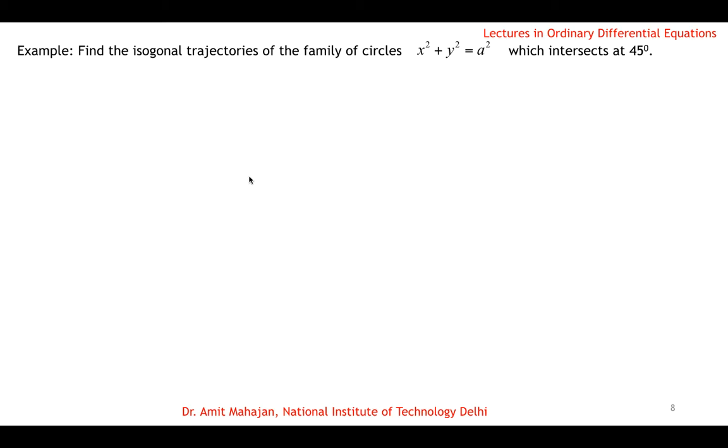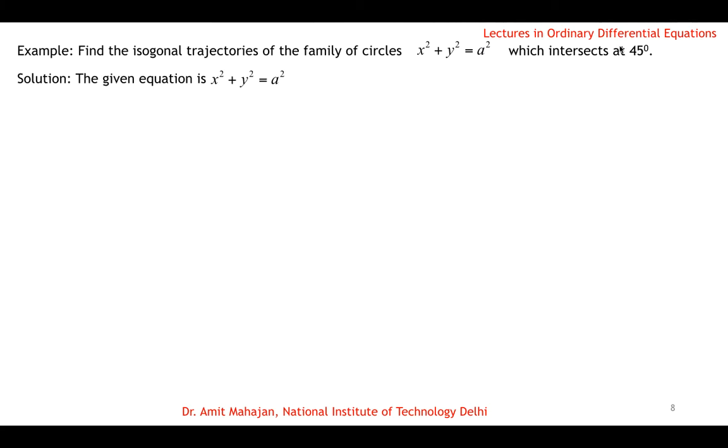For example, find the isogonal trajectories of the family of circles x square plus y square equal to a square which intersect at 45 degrees. Given this family of circles centered at the origin, we want to find another family of curves cutting these circles at 45 degrees.